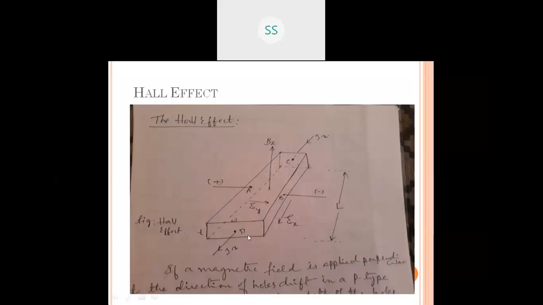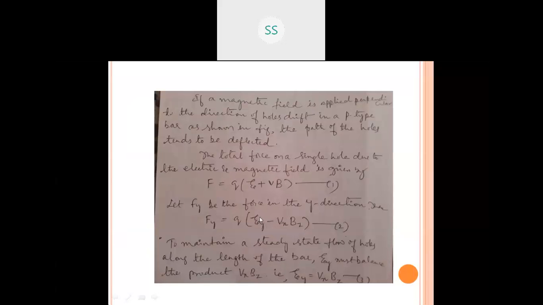Now you just listen carefully: the establishment of this electric field Ey is known as the Hall effect. Whenever this Ey is applied in such a way that Ey is greater than Vx into Bz, then holes will not deflect and they drift along the bar.